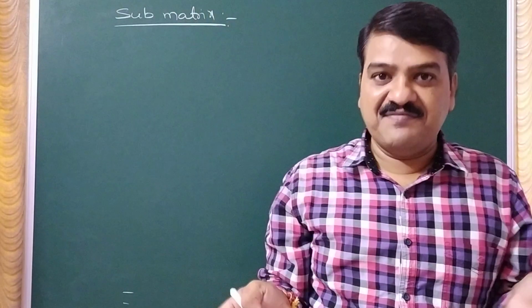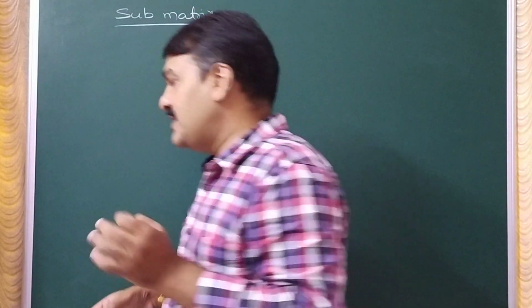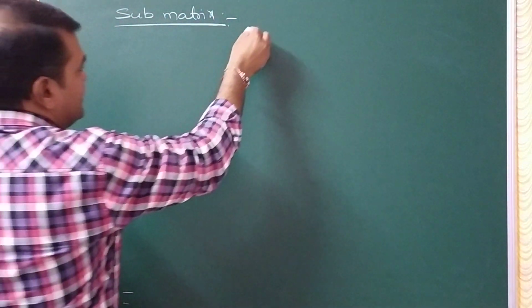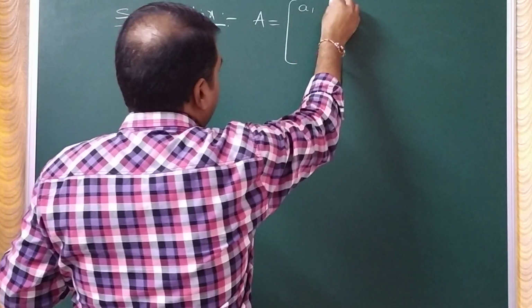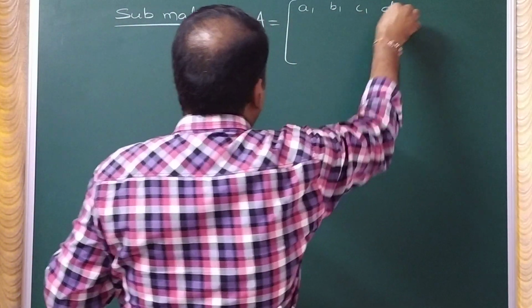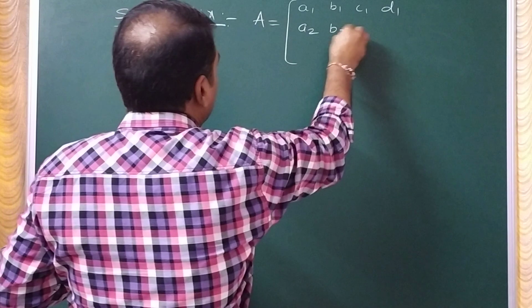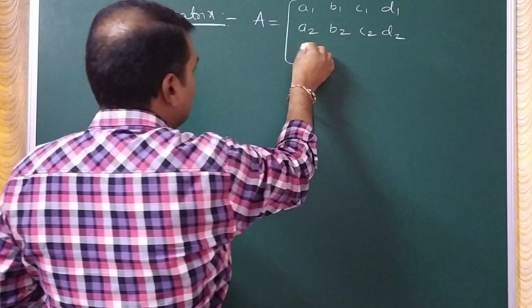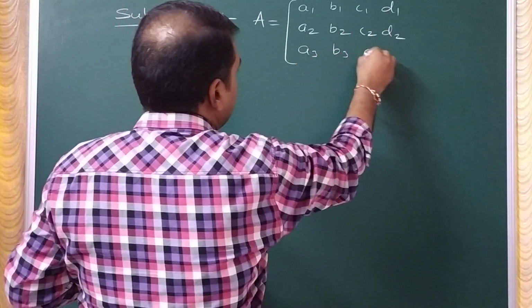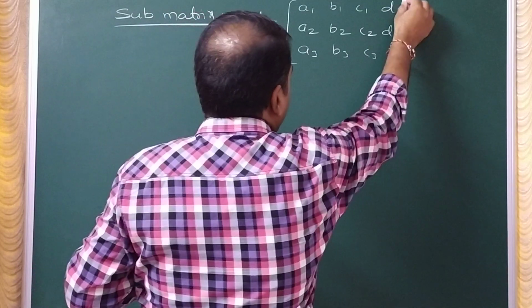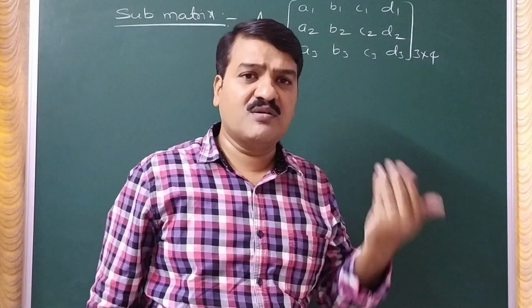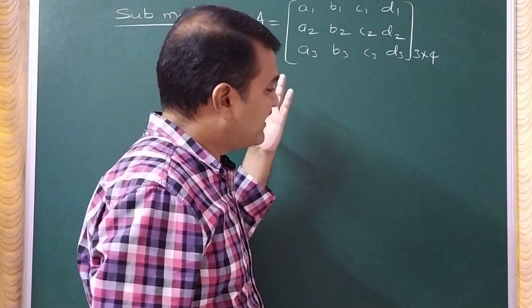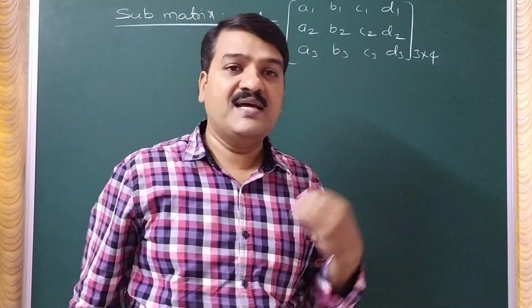For example, take A with rows A1, B1, C1, D1; A2, B2, C2, D2; A3, B3, C3, D3. I am taking a 3 by 4 matrix. By removing some rows or columns or both, whatever matrix is left is called a submatrix.